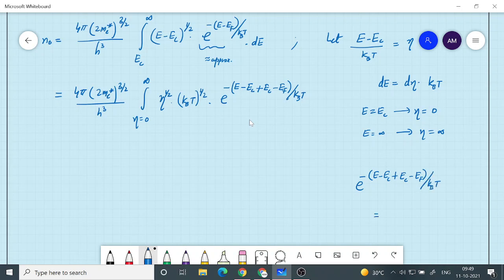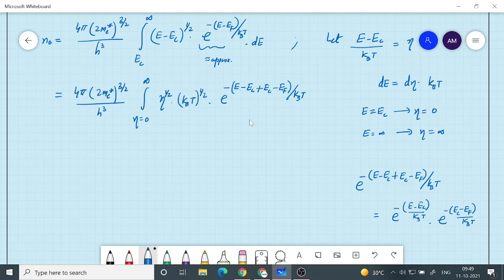So this is equal to e raised to (E minus EC) by kBT into e raised to minus (EC minus EF) by kBT.